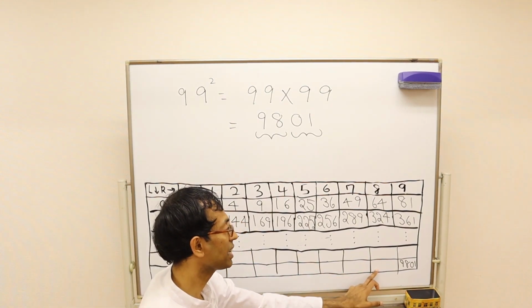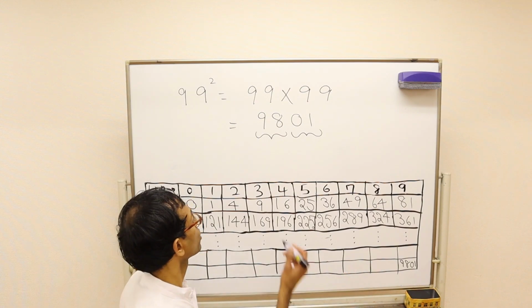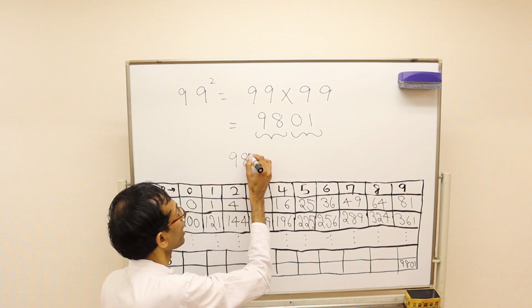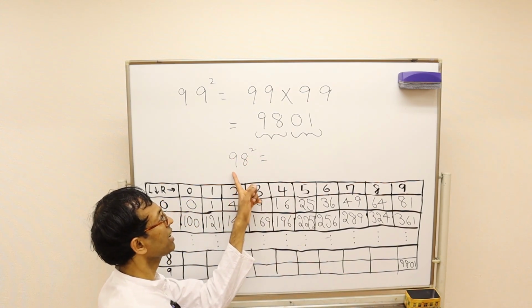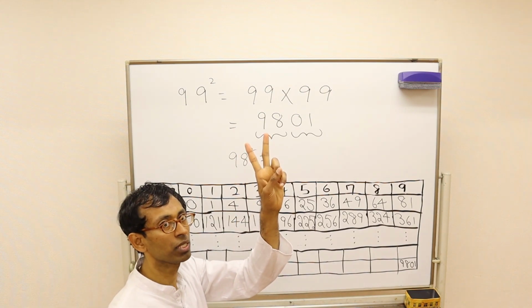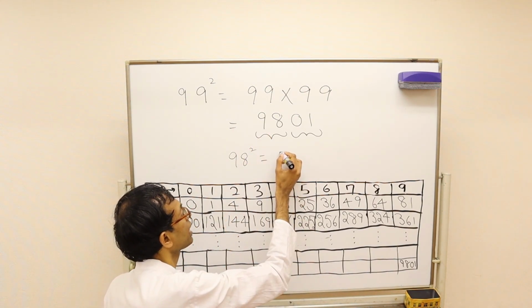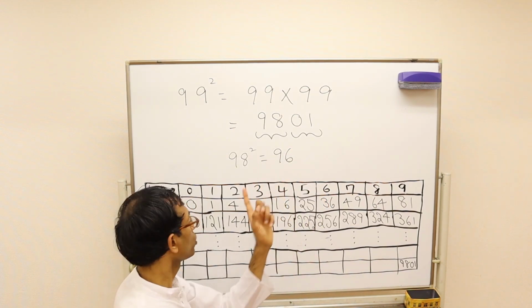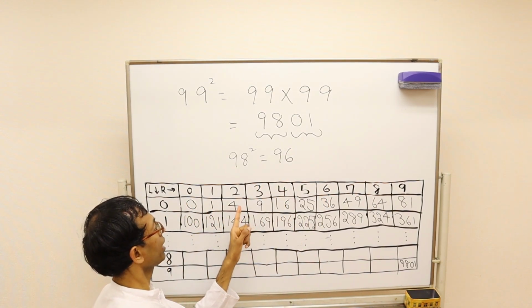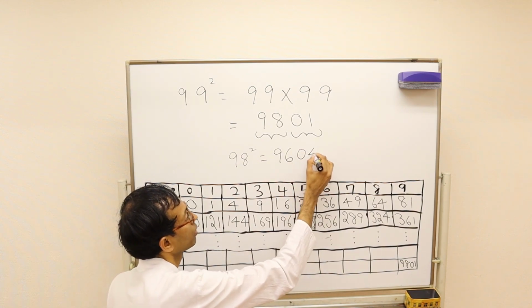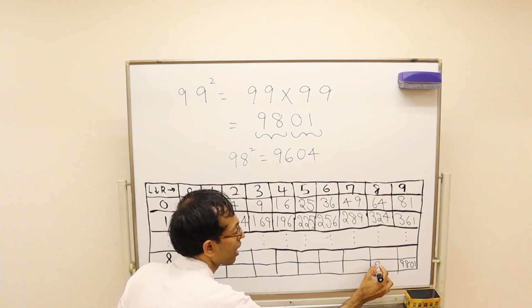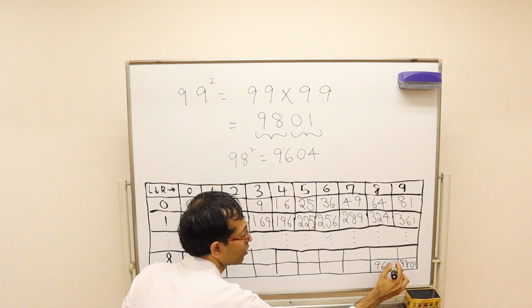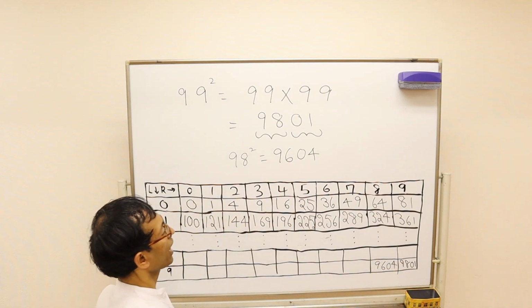Okay, now we go like this. What is 98 square? 98 square means 98 minus the proximity, which is 2. 98 minus 2 is 96. And then you have 2 square, which is 4. So 9604.